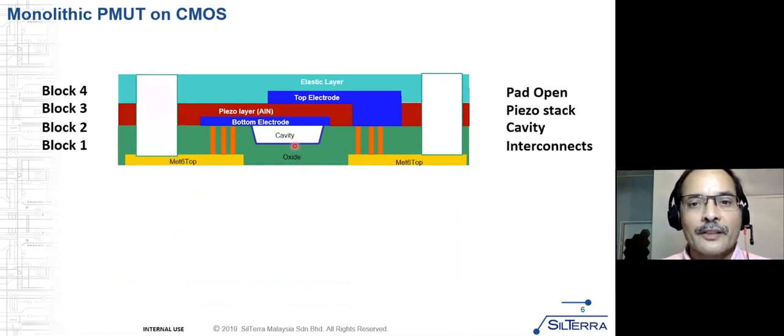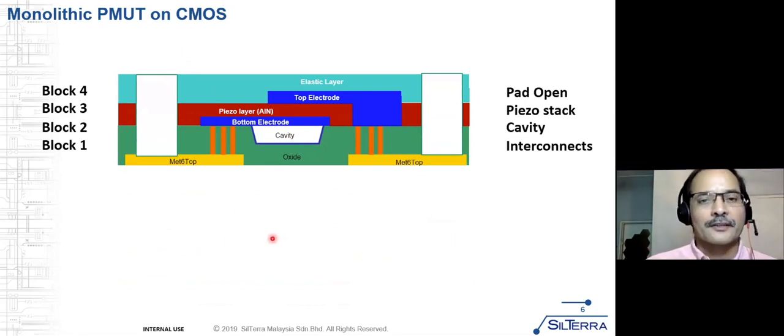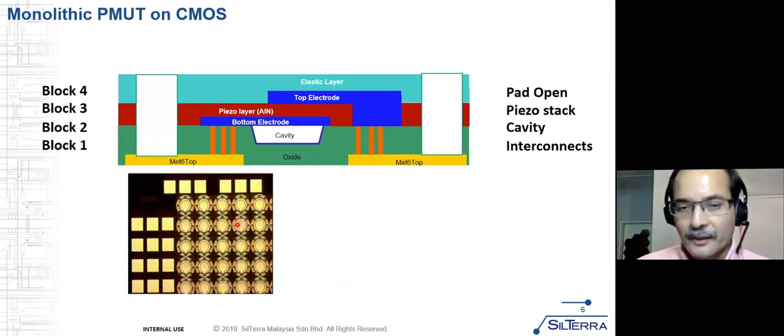So this is your PMUT on CMOS, right? And if you don't have CMOS, then it's just a PMUT. Using these blocks, we have the ability to build different devices with different frequencies, and that is one of our strong points. And here's a view graph of the PMUT array, how it looks after the wafers are completely processed.